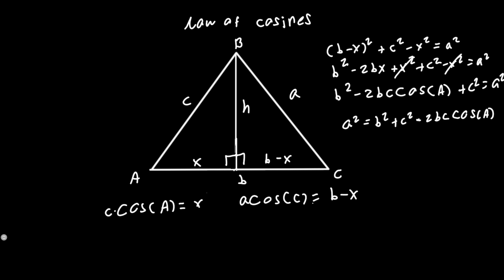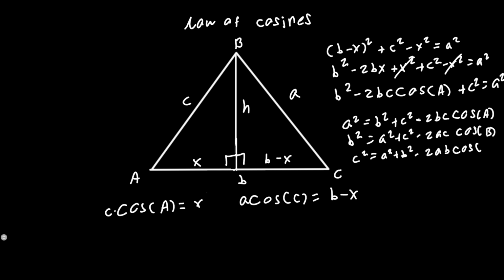And we can also do this vice versa and solve for cosine of c. Pretty much here, what we're going to do now is simply use the fact that if we swap a, b, and c, we're going to get b squared is equal to a squared plus c squared minus 2ac cosine of b, and then swapping a with c, we get c squared is equal to a squared plus b squared minus 2ab cosine of c.